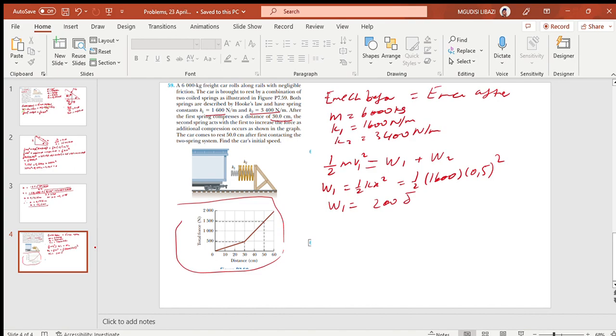And then we have also the work done by the second spring, which is 1 over 2 kx squared, and that's 1 over 2.